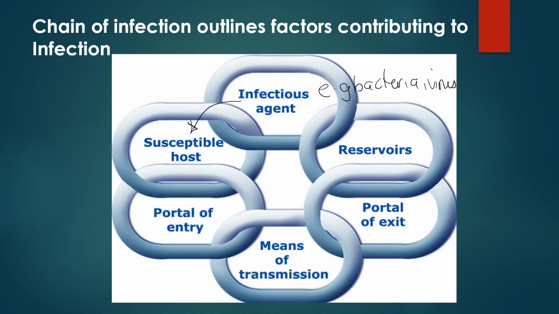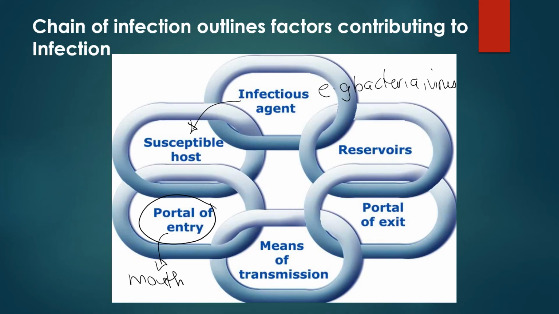And then once the susceptible host has been located, there is a portal of entry. The portal of entry could be via the mouth, so if it's something like hepatitis A or E, a foodborne pathogen, it could be from consuming contaminated food.